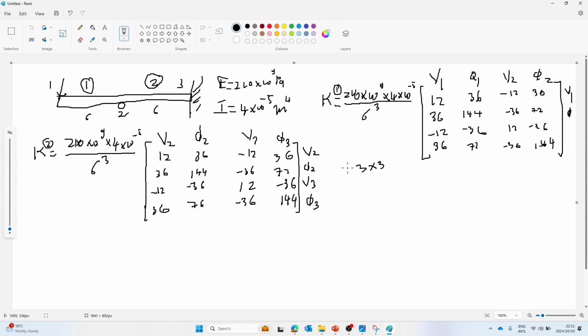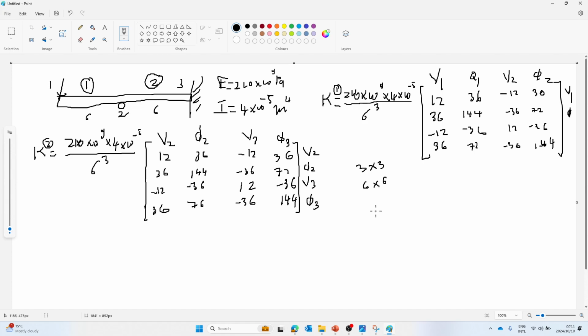Because you have two elements of V and phi, it cannot be 3 by 3. It's going to be 6 by 6. You simply take the 3 by 3 multiplied by the two elements. It gives you 6 by 6. That's the trick. It works 100%. You don't have to think about it.